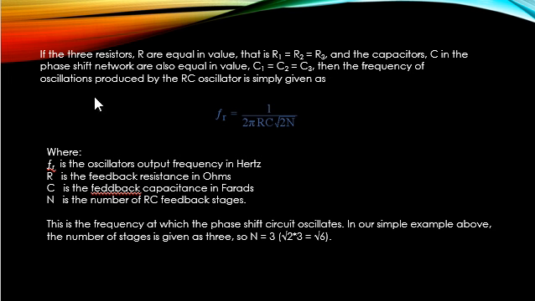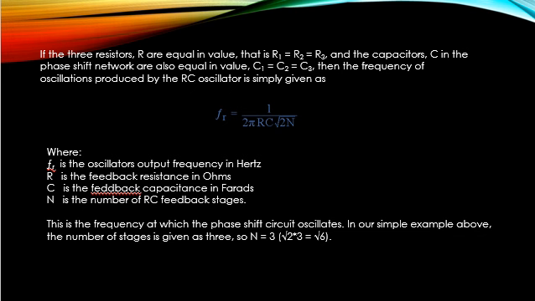Next, as I said previously, if the three resistors are equal in value and the three capacitors are equal in value, then the frequency of oscillation produced by the RC network will be f = 1 upon 2 pi RC root of 2n. This is the formula of the RC phase shift oscillator. Over here, n stands for the number of feedback stages we are going to use.